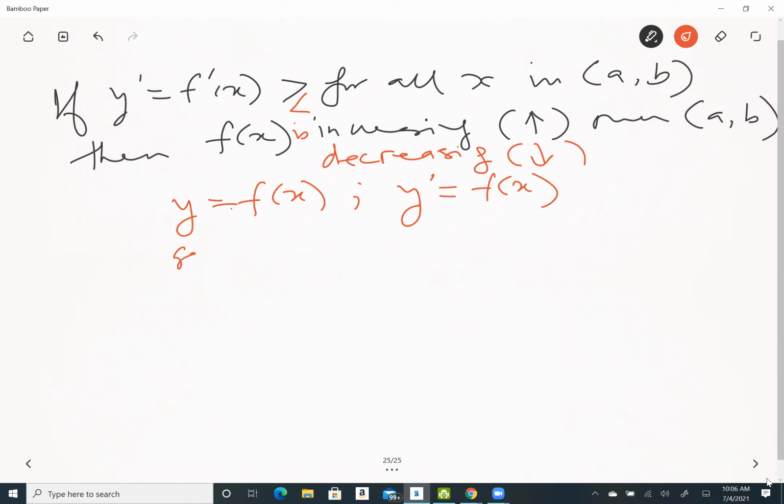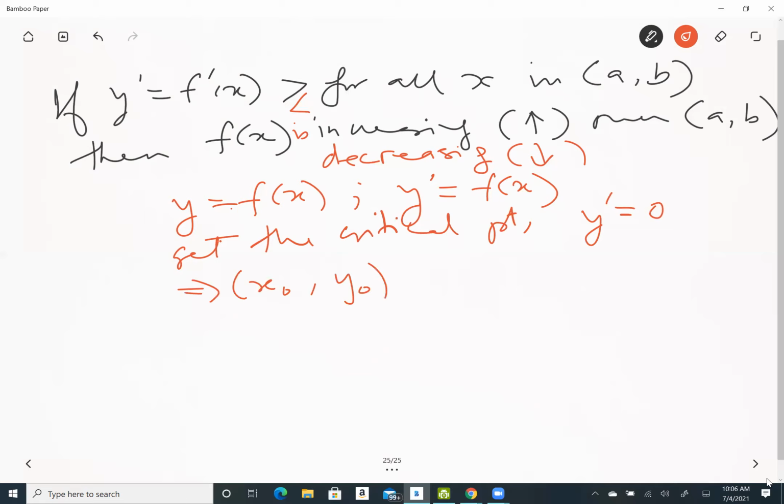And to get the critical point, what do we do? We set y prime equal to 0. Then you will get (x0, y0). So that is our critical point, the turning point. And therefore, based on that point, you break out into intervals. So if I draw it like this, suppose the x0 will be somewhere here, right? And then what do you have?